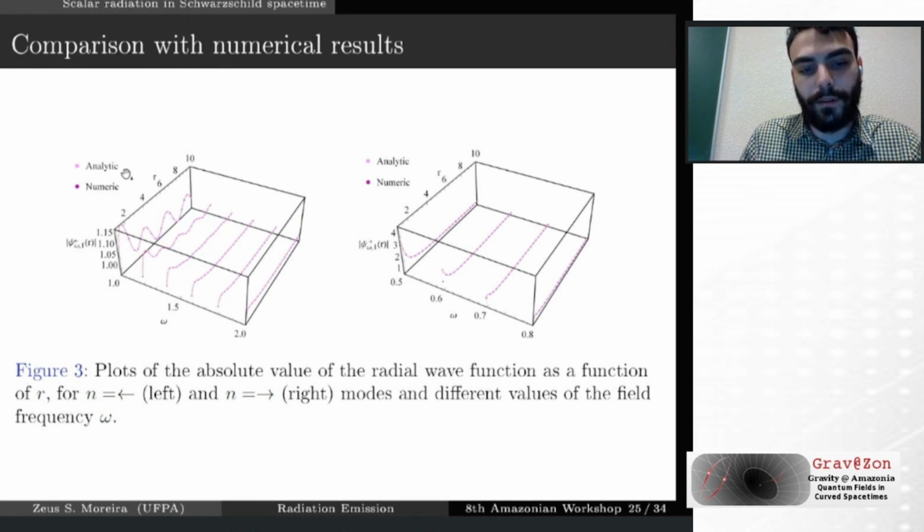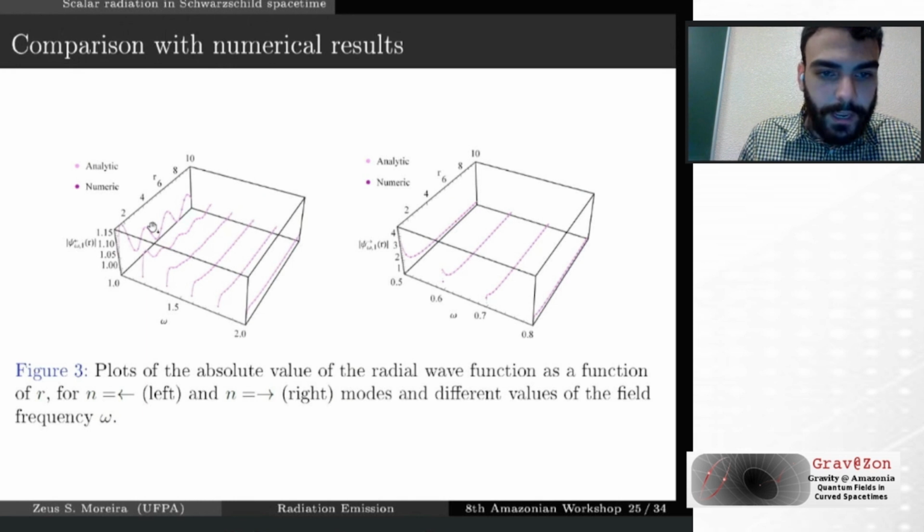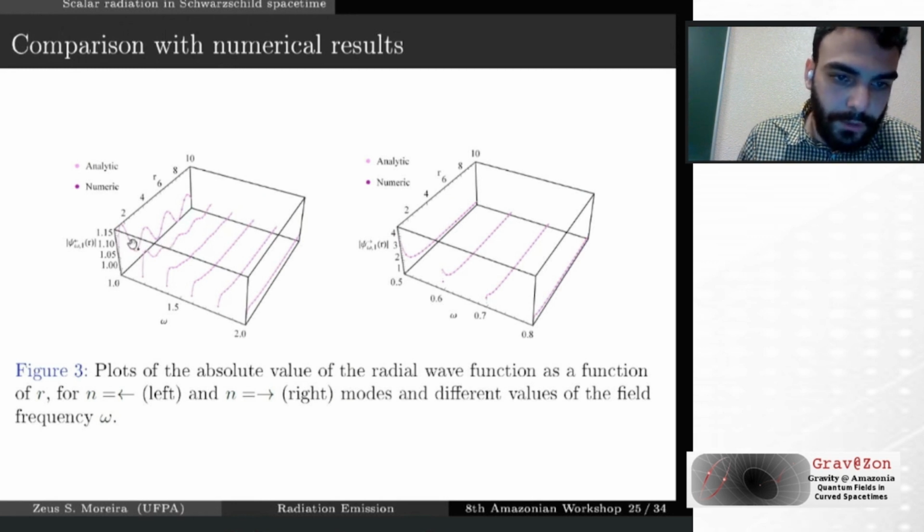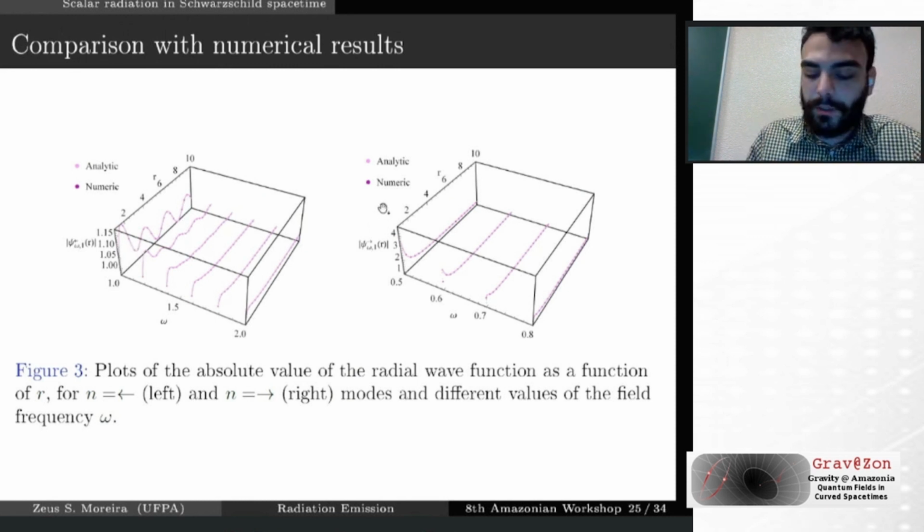So here we have the in modes and the up modes. The dots represent the numerical solution of the radial equation, whereas the continuous pink line represents the analytical solution. And as you can see, the numerical and analytical solutions are in very good agreement.